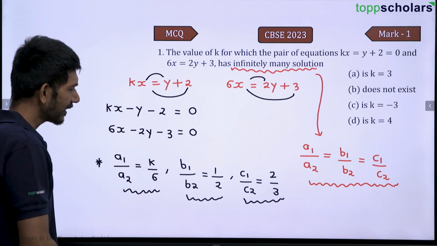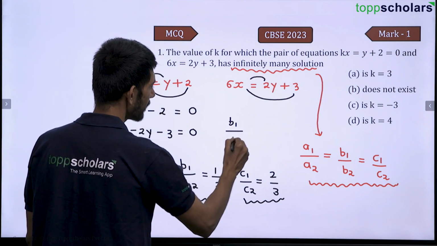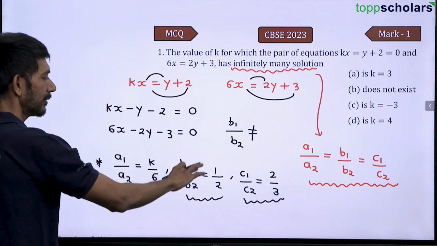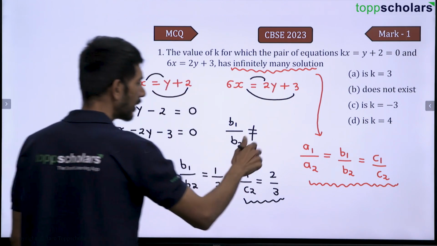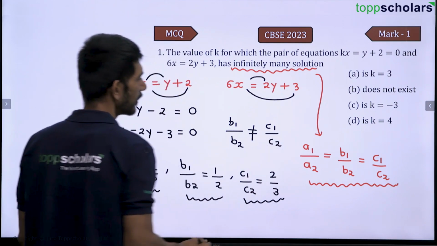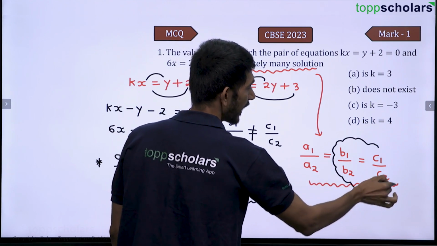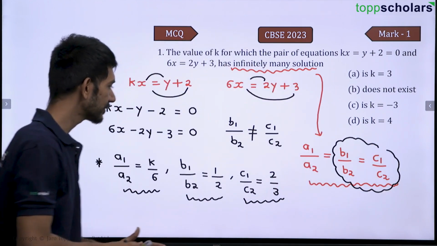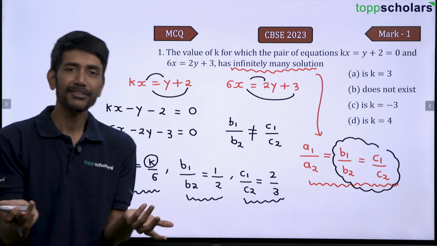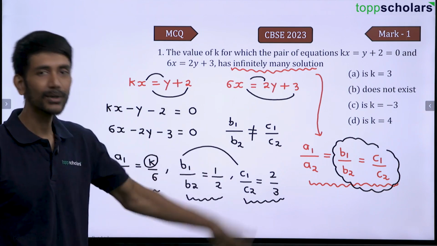Now tell me one thing, is 1 by 2 and 2 by 3 equal? Can I say here B1 by B2 is already not equal to C1 by C2. And this condition has to be there for infinitely many solutions. That means K will not have any chance of doing anything because anyways B1 by B2 and C1 by C2 are not equal.